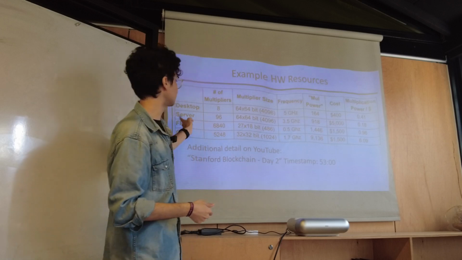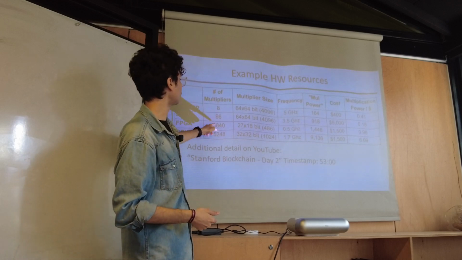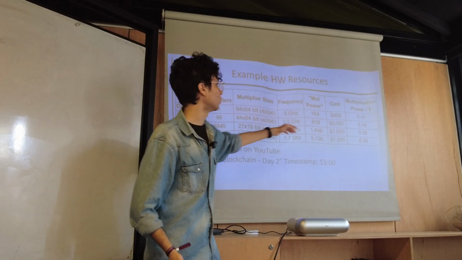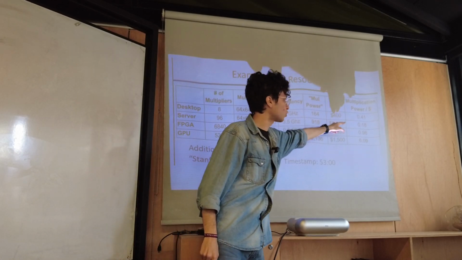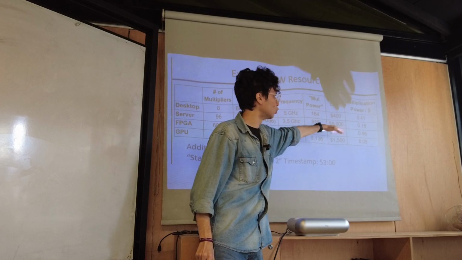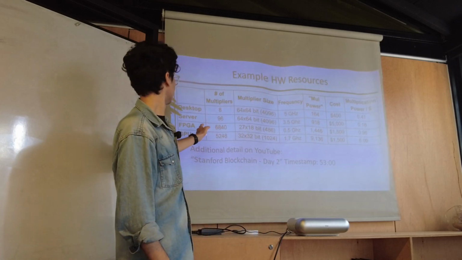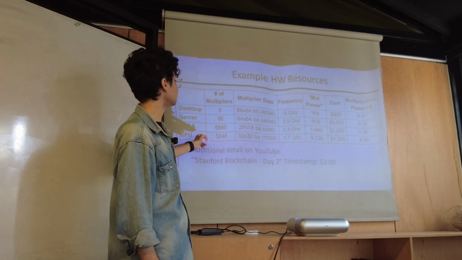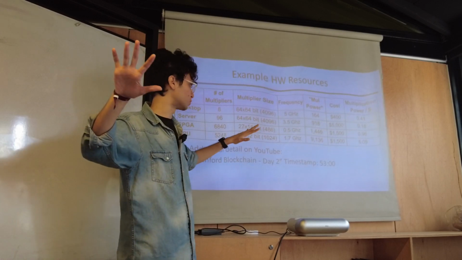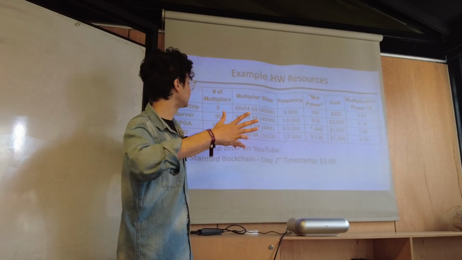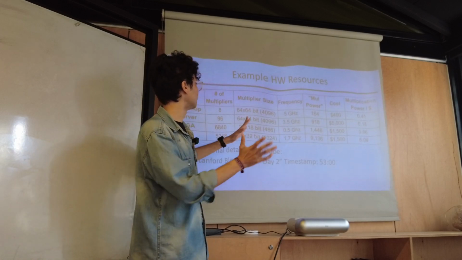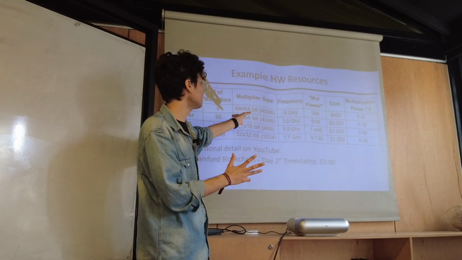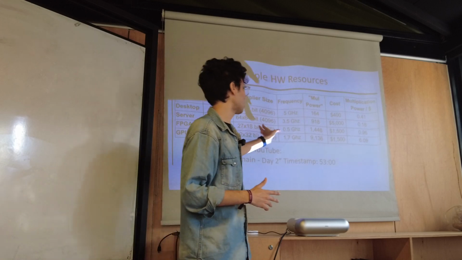Compare that with something like a server machine. Although you have a lot of cores here, these things are quite expensive, so you can see that the overall score is lower than desktop computers. But then if you look at FPGAs and GPUs, these things have a massive number of cores internally, but the multiplier size is probably smaller than desktop computers, and they cost a lot more.